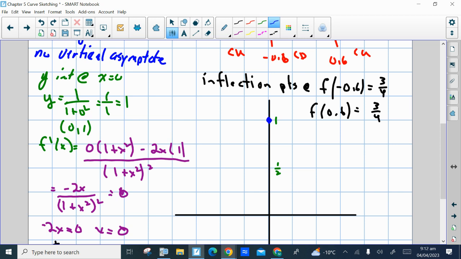We have an inflection point, and I'll use the same scale on the x-axis, so that'll be actually -1/2 and -1, +1/2 and +1.